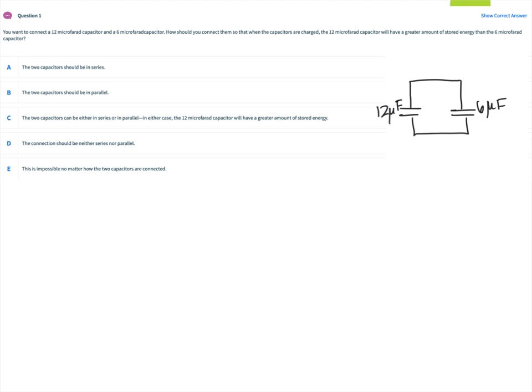So I'm going to look at what would be the effect if they were in parallel. If they're in parallel, the V would be the same for both of them. And so the energy would be 1/2 CV squared.